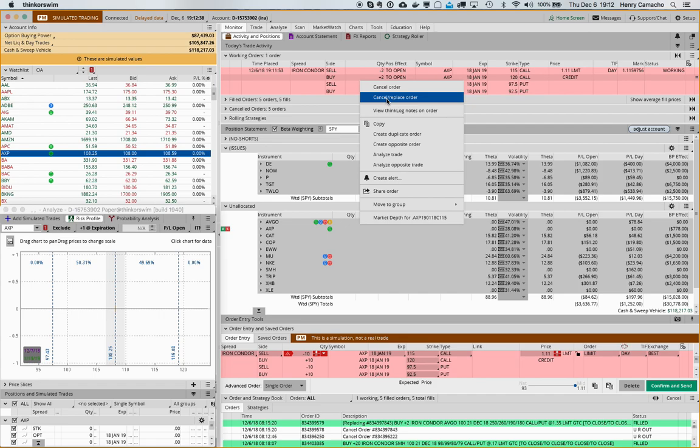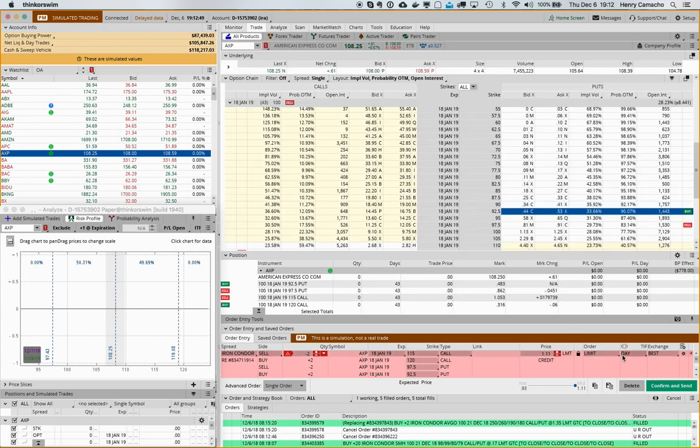In this case, we'll see if we get lucky and we'll keep it on. So rather than having the order automatically cancel after the end of the next day, I'm going to cancel that and just turn this to good till canceled.